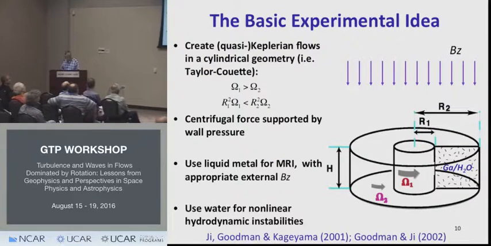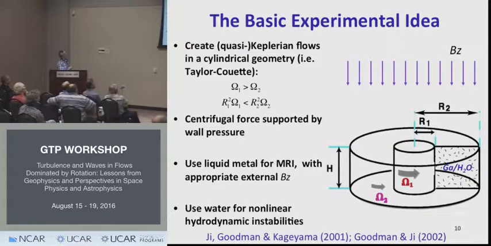So the basic idea is, actually, Jeremy Goodman, he's not here today, but he's my main collaborator. Back 15 years ago, we decided to come together and do that experiment. The idea is to set up concentric cylinders with different rotating speeds, with fluid confined between.